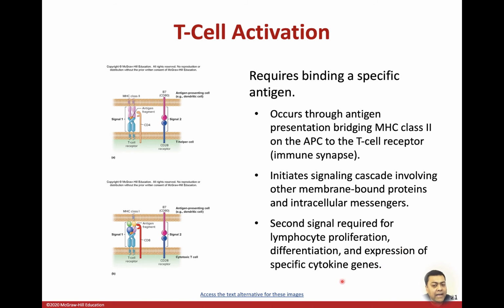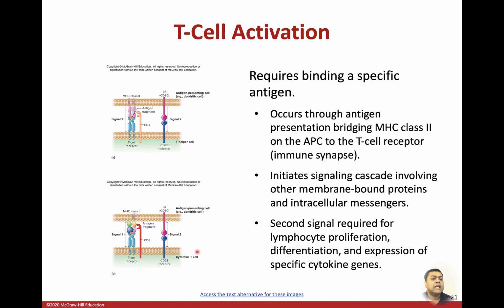On the other hand, to activate the immune system, you need a presentation of the MHC class 2 or MHC class 1, no matter what, but you need the B7 or CD80 as an additional signal, which is only present on antigen presenting cells, but not your normal nucleated cells. So antigen presenting cells can trigger the immune response, the second signal, or the cytokine response and the proliferation, but not a normal cell.